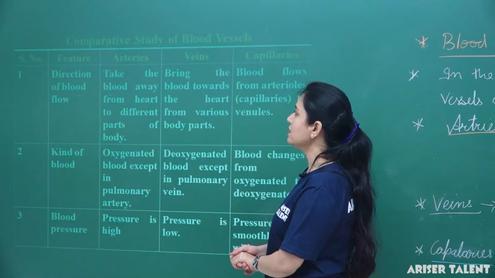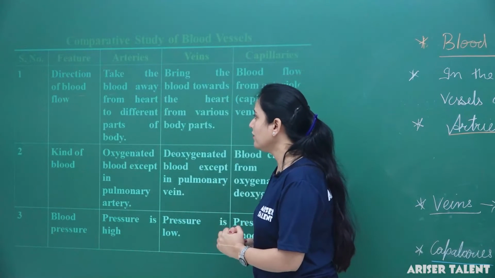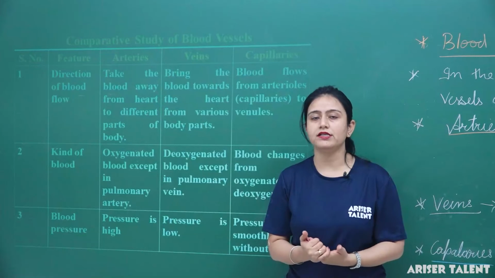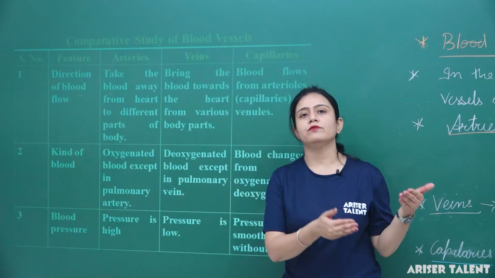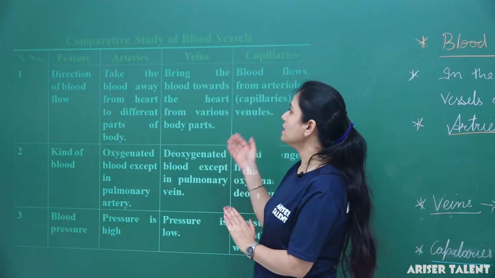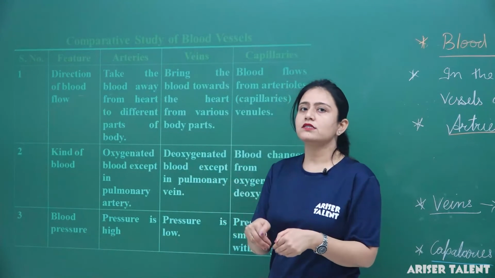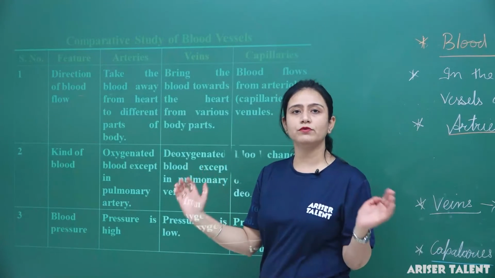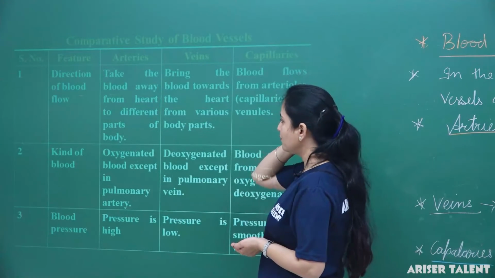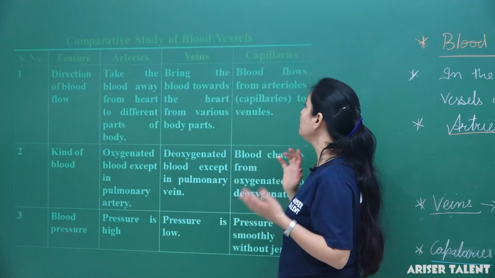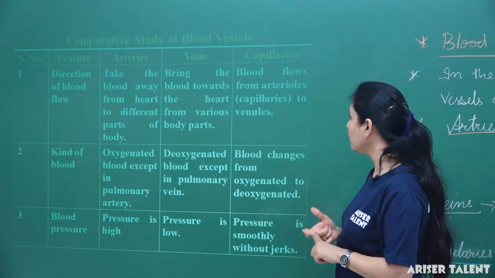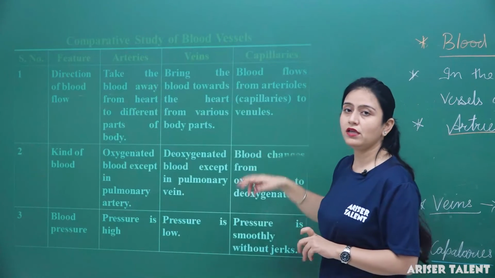In the arteries, it takes the blood away from the heart to different parts of the body. As well as veins, they bring the blood towards the heart, from various parts of the body. Capillaries, the blood flows from arterioles to the venules.